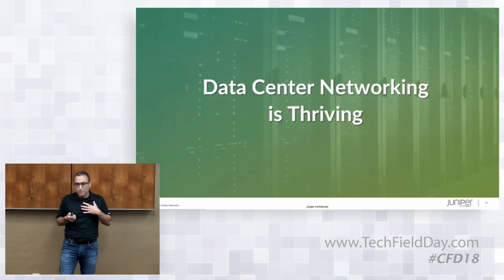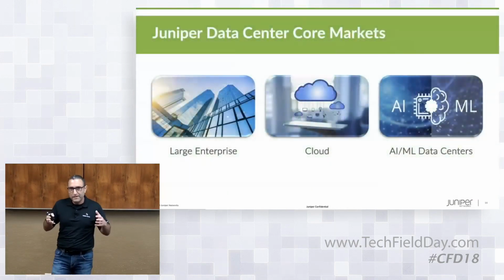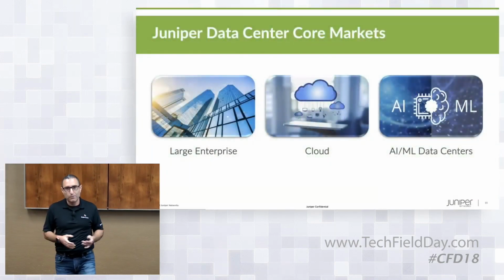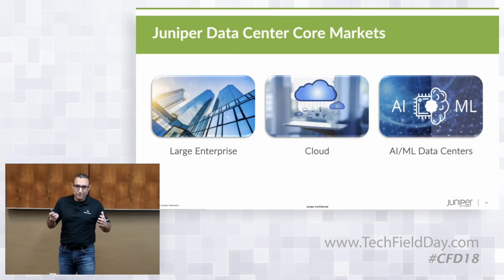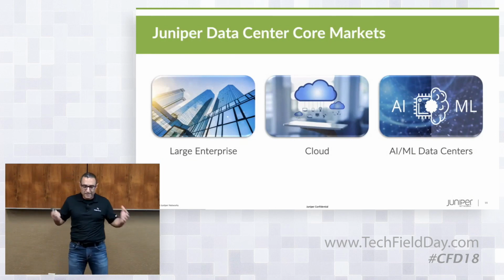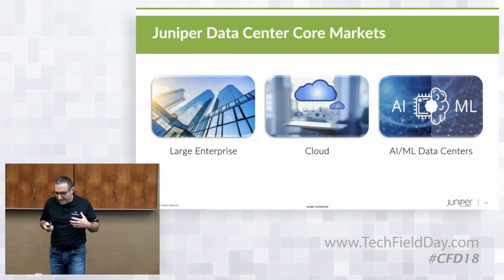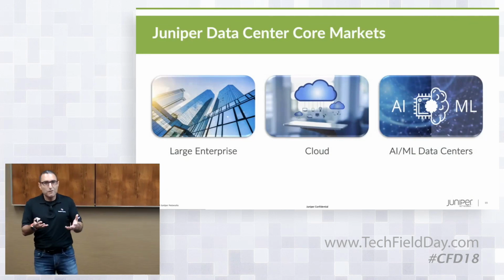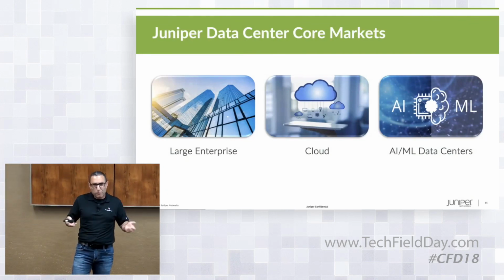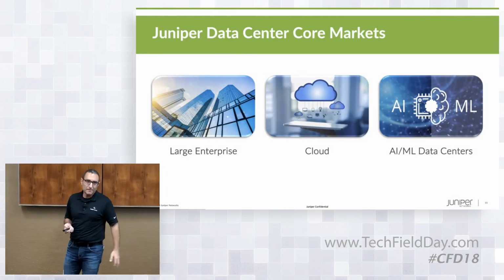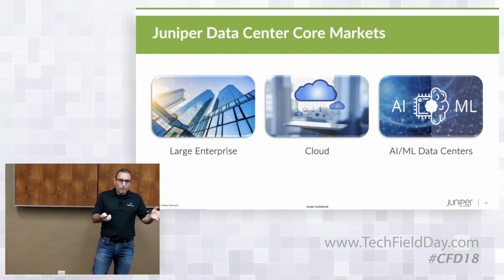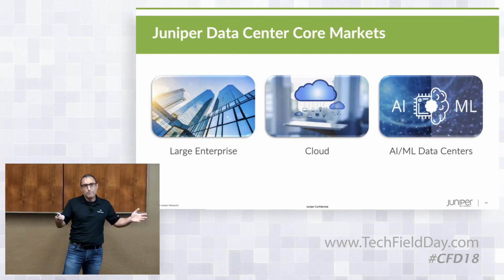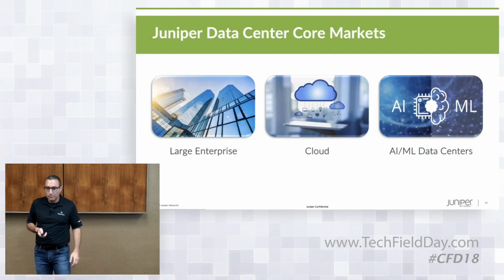And of course, at Juniper, we're very interested in this opportunity. We'd love to make a difference in the life of our data center customers. And so then let me tell you a bit about Juniper and what we do here when it comes to the data center. Well, first of all, we're very much relevant in the data center market.